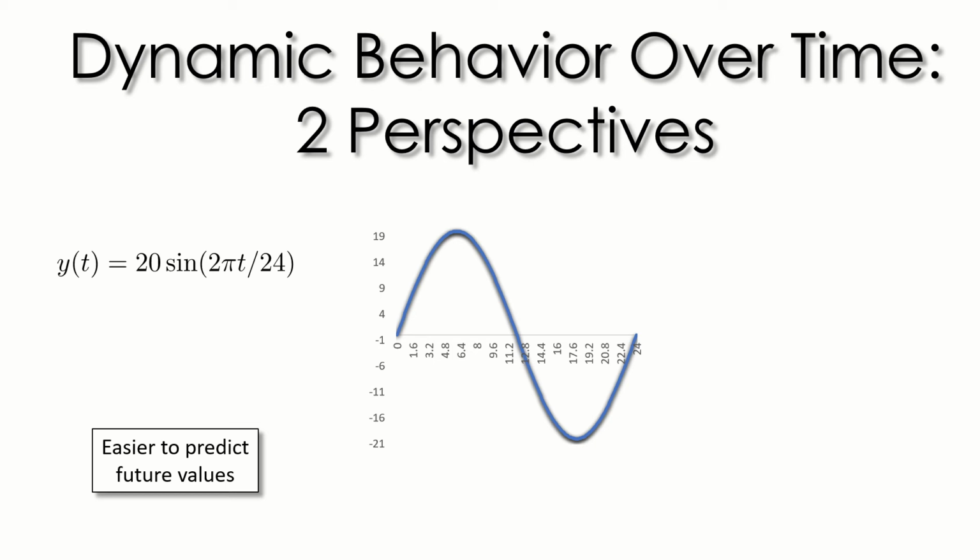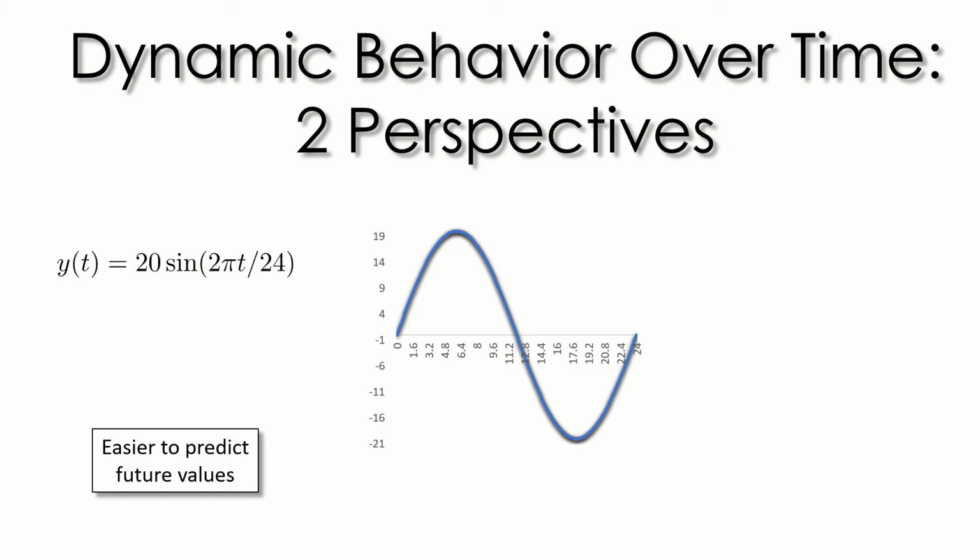The reason I give you this expression is that it allows me to ask, what is the value of this sine wave going to be at a particular time? If I give you that expression, I can plug in a time value like 16, and that will tell me the sine wave is going to be around minus 16 at time 16. So that is one perspective.